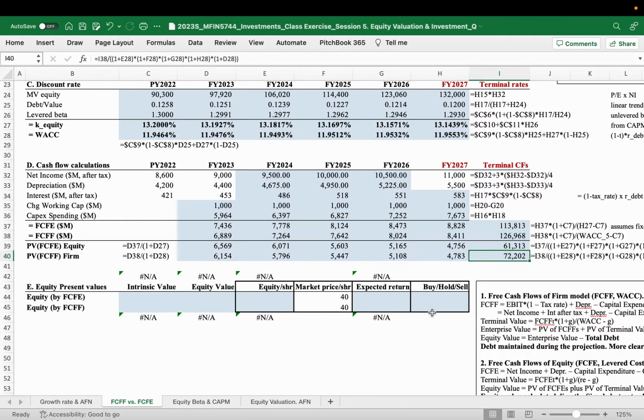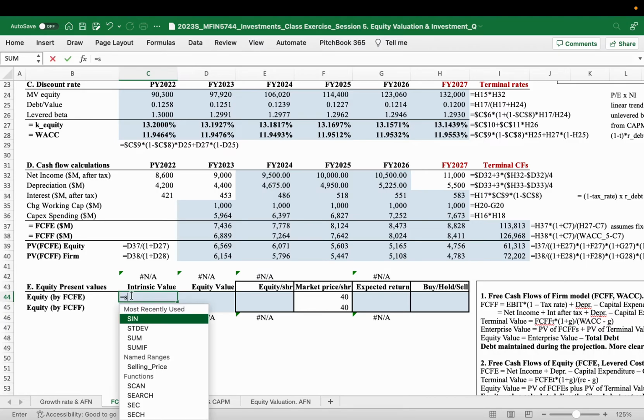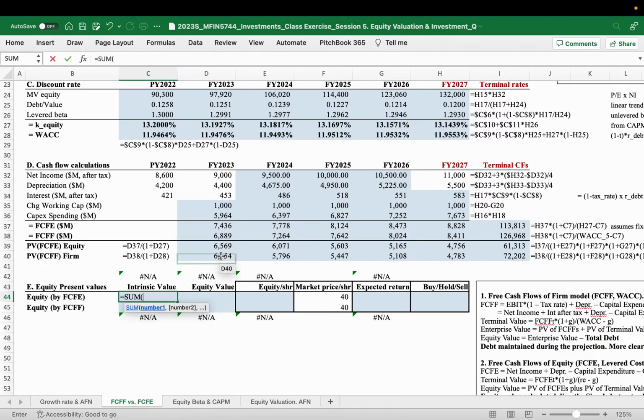Now we're almost done. Once you got the present value, what is the intrinsic value? Intrinsic value is the equity in the free cash flow of equity model. We directly calculate, right? So you can simply sum all of these present values, and we got this, right? What is the equity value? Equity value is exactly the same as the intrinsic value, because there is no debt consideration.